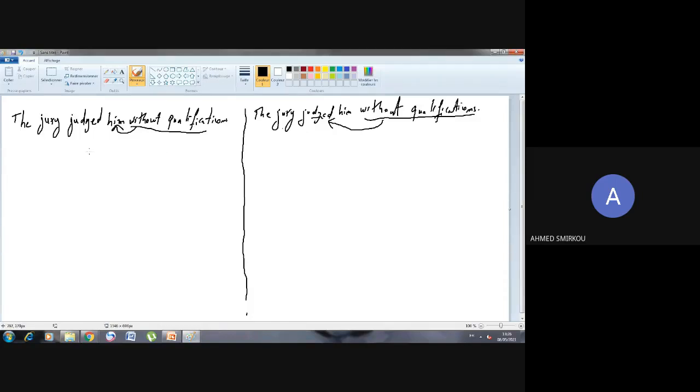If you have it in the exam, you have to draw the two trees using X-bar theory, and write down the meaning. The first interpretation is that it is the person, the candidate, who is described as without qualifications. In the second reading, without qualifications refers to the verb judged, meaning that they judged him although they have no qualifications to do so.